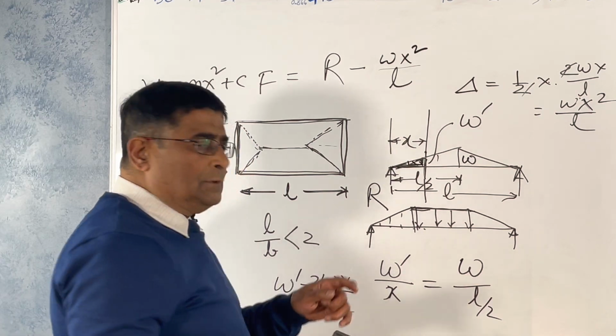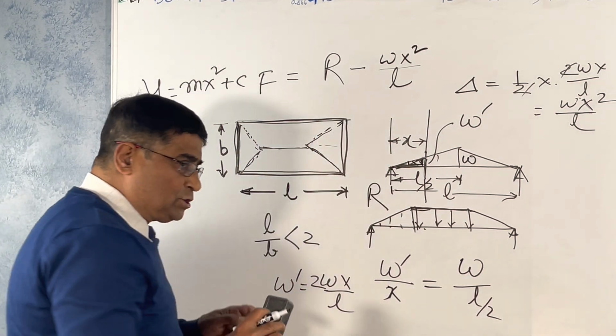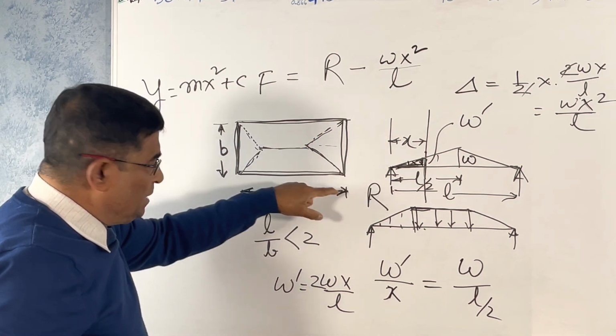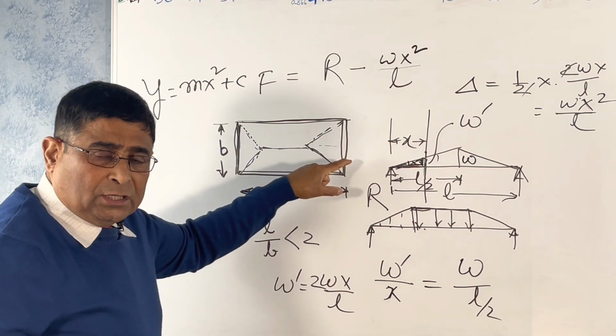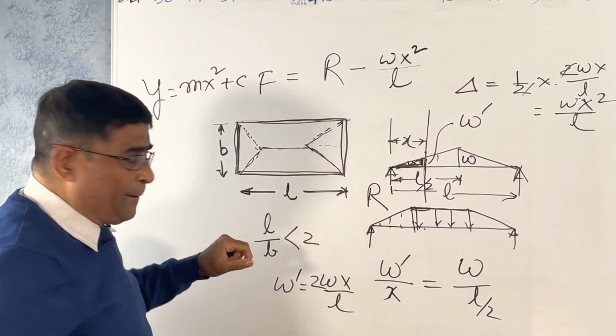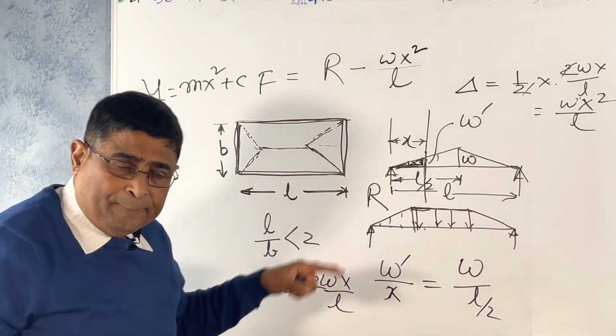Now we'll solve a problem. I'm telling you the basic fundamental thing. First of all, the triangular load comes if you consider a building where it carries a slab. This is the plan of the slab. It is a two-way slab.